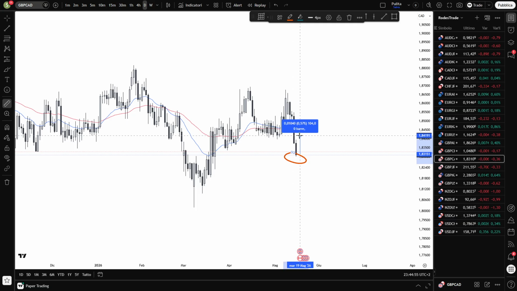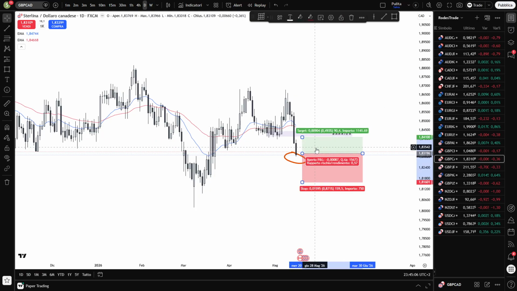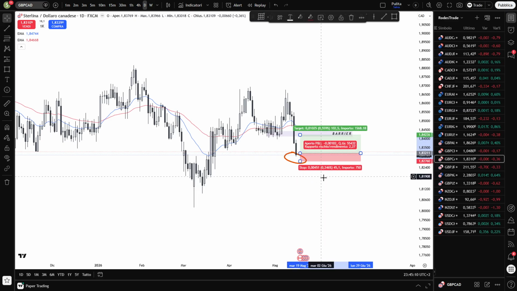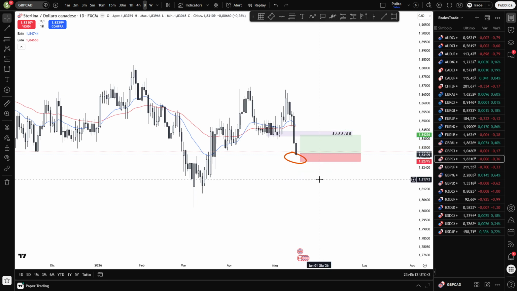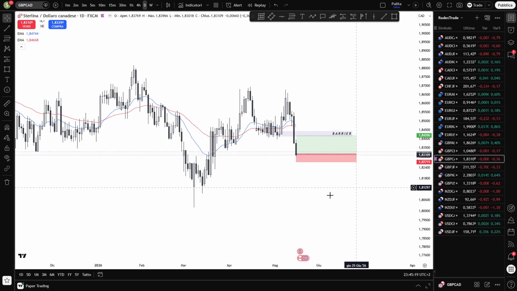I will target, probably, this barrier here. So it will look something like this. That's going to be the trade if I ever take a trade. But for now, this could be one, so we will put our flag.